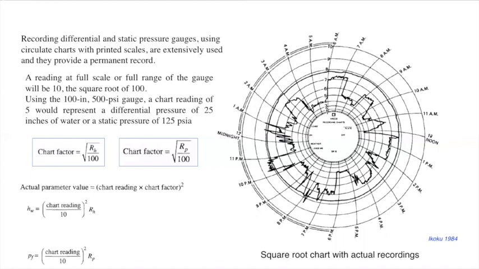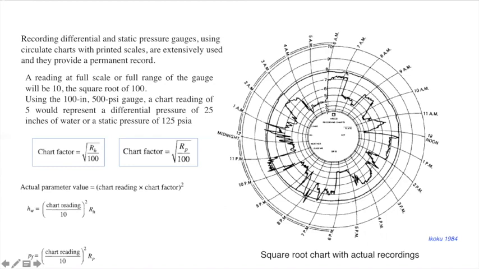In this graph, the concentric circular lines show the absolute pressure, and the lines going from inward to outward show the differential pressure.